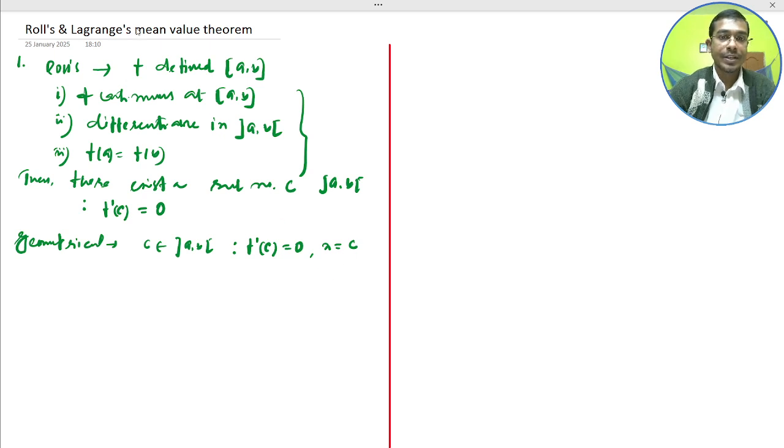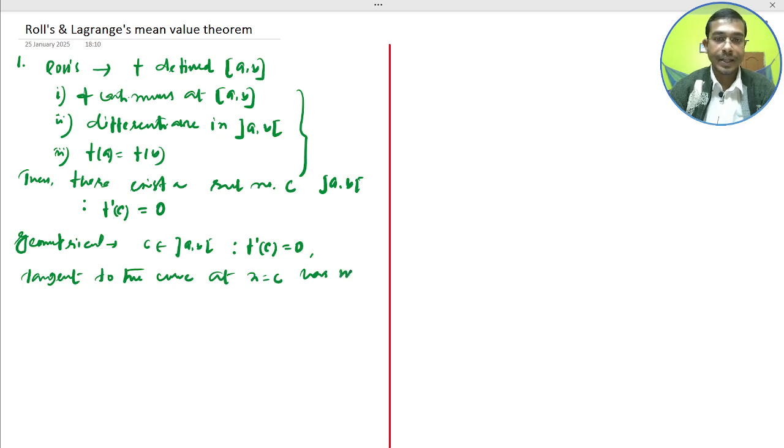That is, the slope m equal to dy/dx is equal to 0, that is parallel to the x axis.